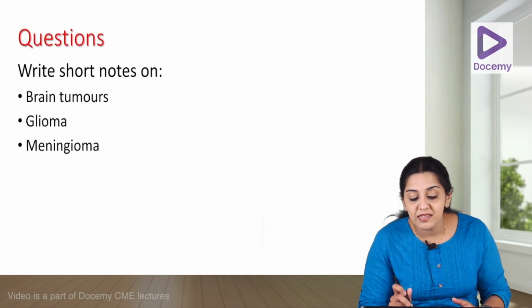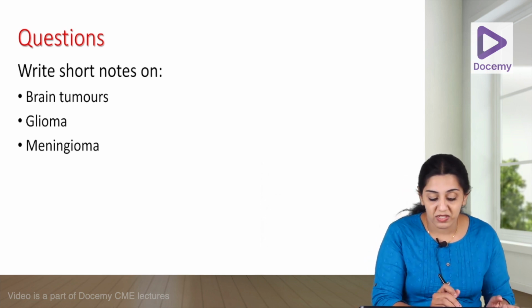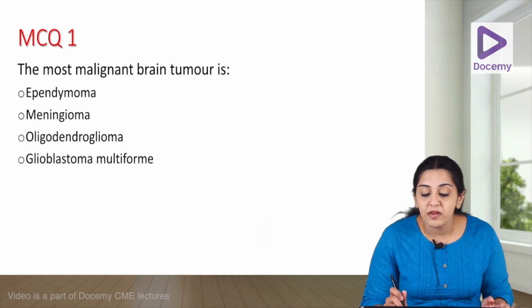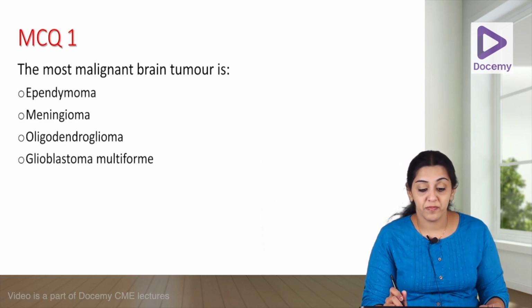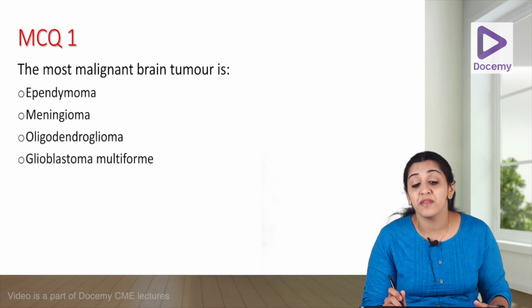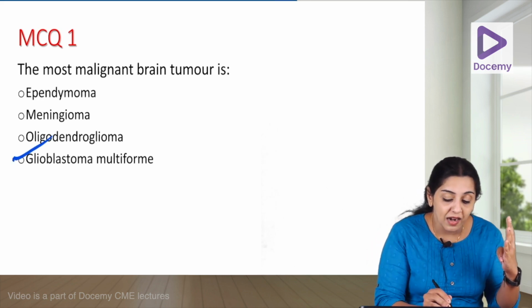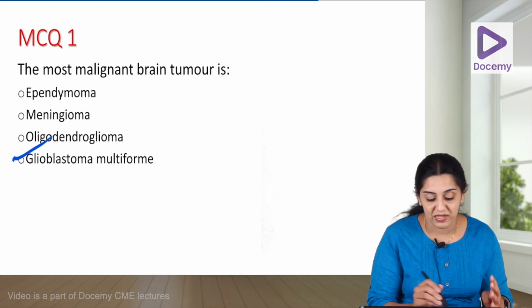So questions asked in this session are short notes on brain tumors, glioma, meningioma, all these things. The first MCQ, most common malignant brain tumor. The most malignant brain tumor, the most aggressive brain tumors are always gliomas, and the fourth grade is glioblastoma multiforme, that is the most aggressive one.